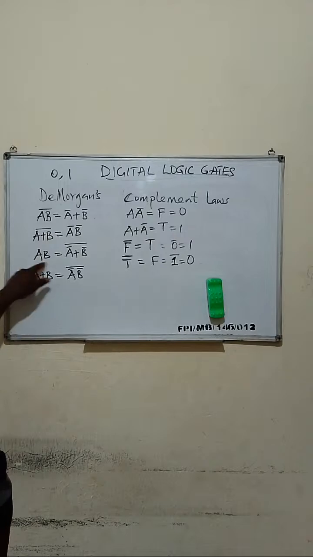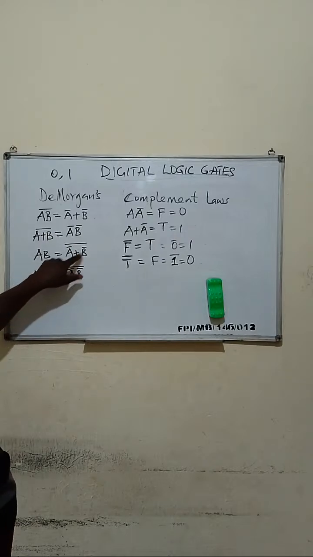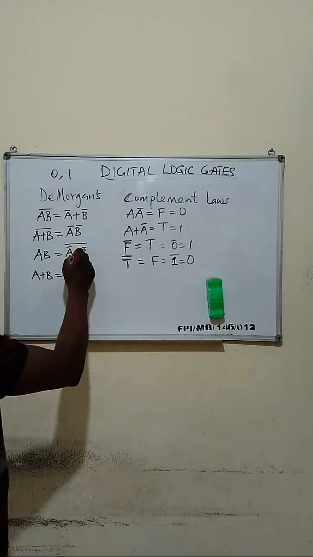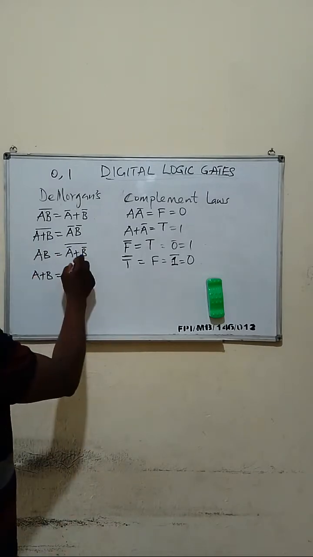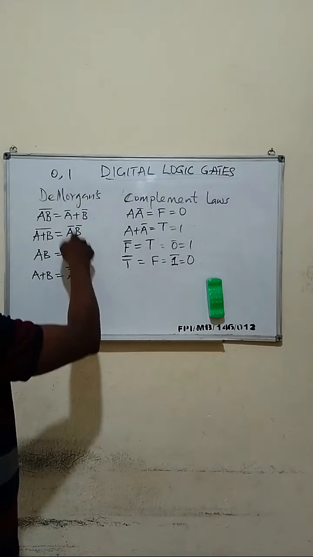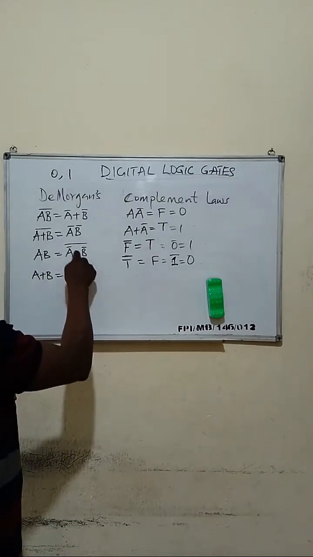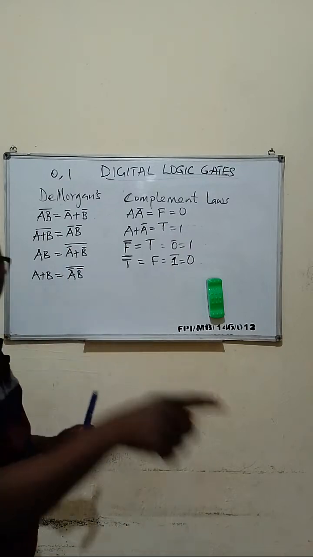Same way, A dot B equals (A bar plus B bar) all bar. Now, if you demorganize this, this long bar will break into 2, and it rests on the 2 of them one by one, while the sign changes into AND.